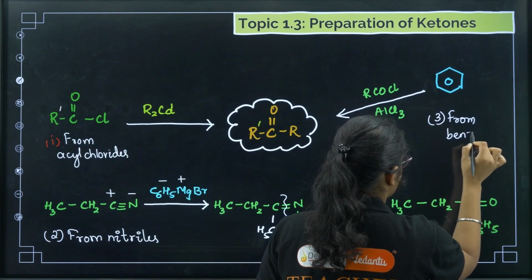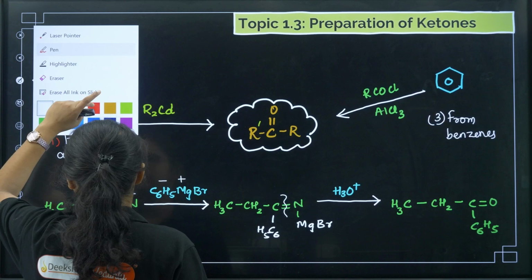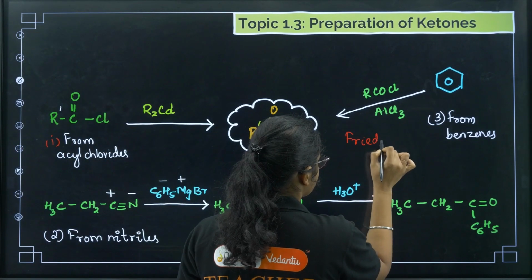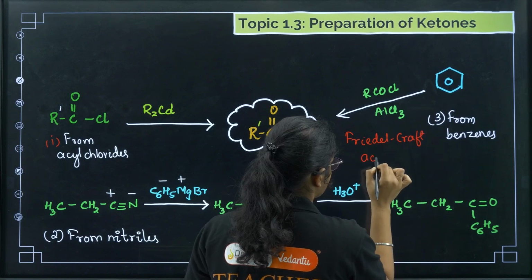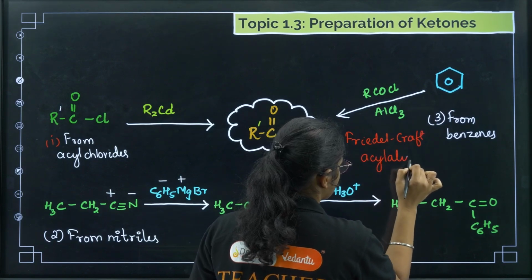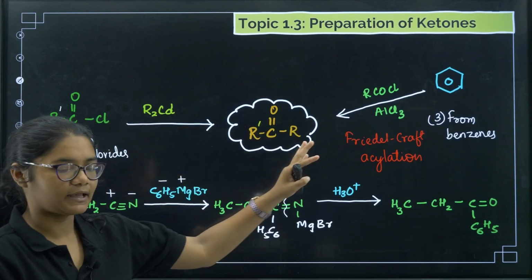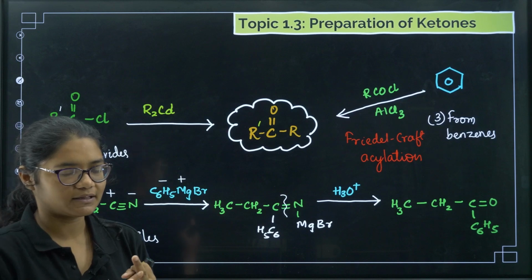And the third one was from substituted benzenes or from benzenes. From benzenes, this reaction RCOCl in presence of AlCl3, all of you must remember this one. This is your Friedel-Crafts acylation. With this we can prepare ketones. So three methods clear.